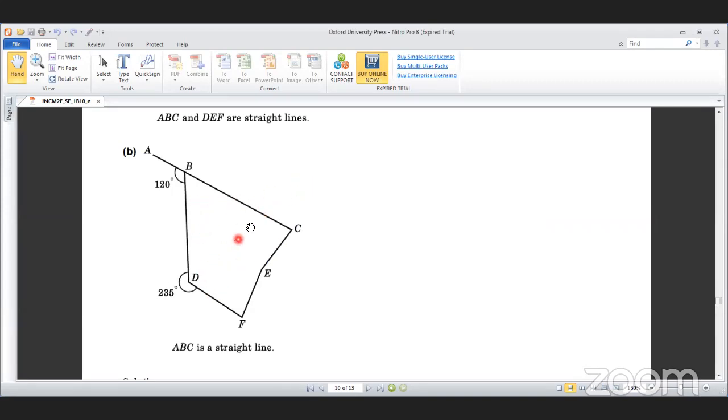But if the difference is very small, for example, if this one is just 121 degrees, they are different, and in this case the two lines are not parallel. But if the difference is just 1 degree, we cannot identify by just looking at the lines.